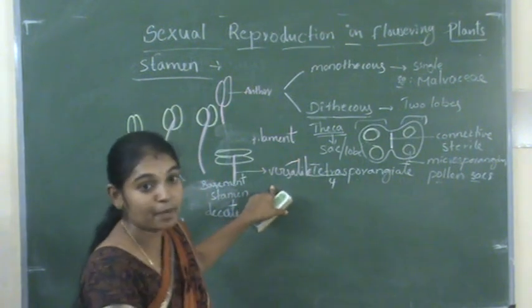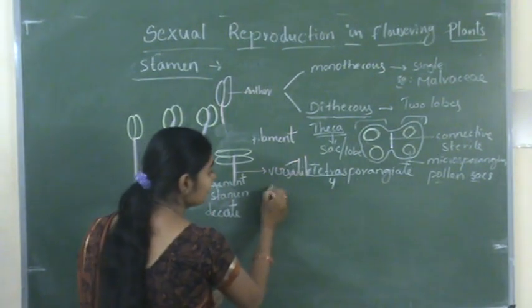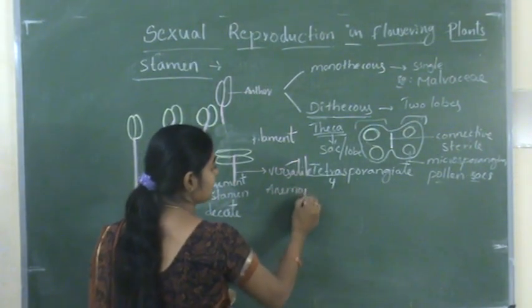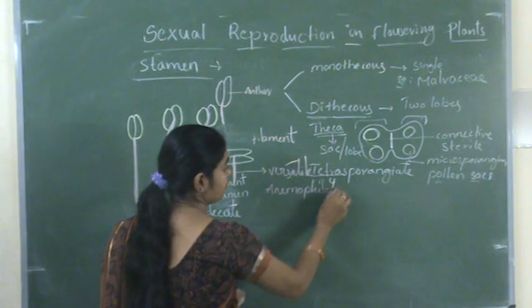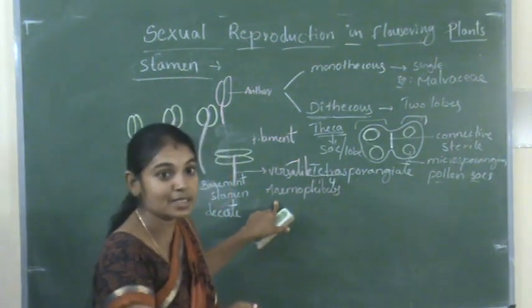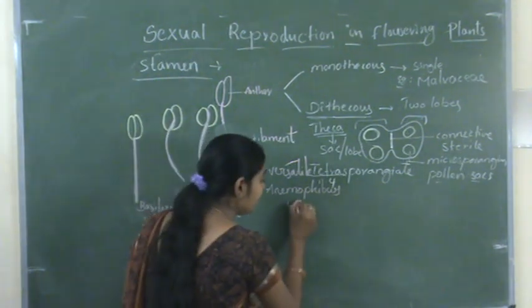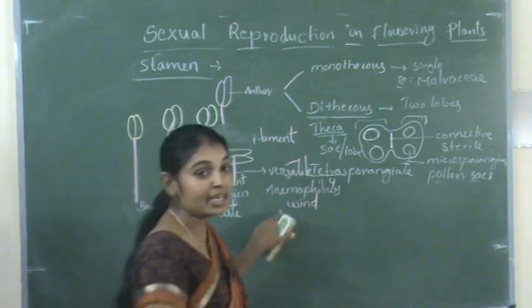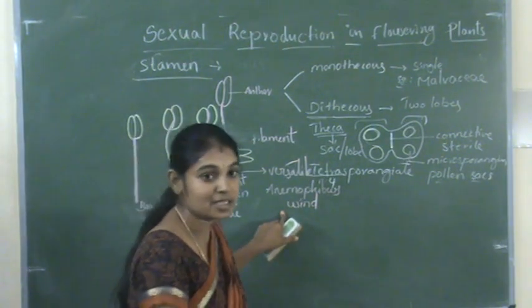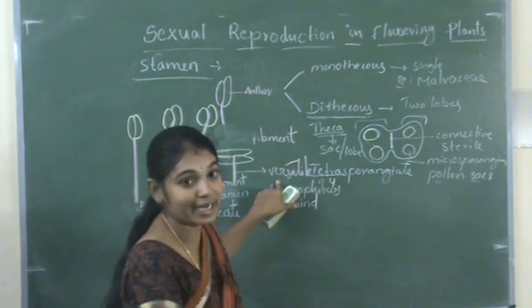These versatile stamens are very common in anemophilous plants. Anemophilous plants means the plants in which pollination takes place by wind. So in that the stamens are versatile type.